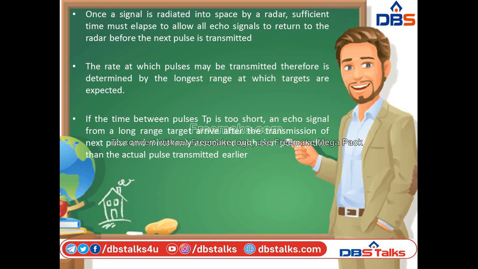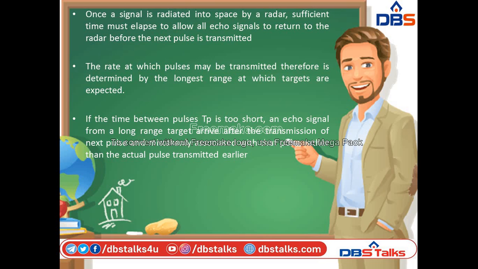If the time between pulses Tp is too short, an echo signal from a long-range target arrives after the transmission of the next pulse and is mistakenly associated with that pulse rather than the actual earlier transmitted pulse.